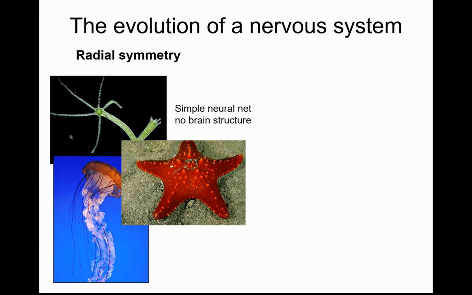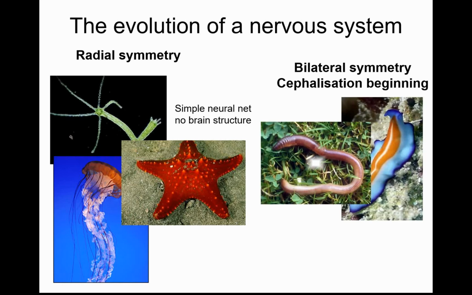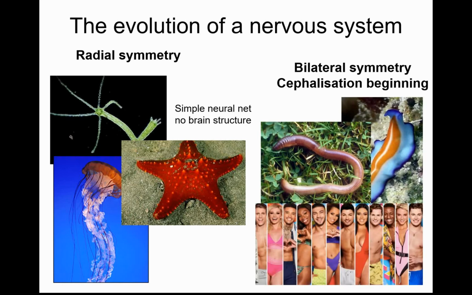Now, where you start to get the formation of a head, and you start to get what's called bilateral symmetry, which is left-right symmetry, and cephalization, which is the formation of a head, then you start to get brain-like structures developing. Brain-like structures at the anterior end, the head end of the organism, nearest to where the organism is going to experience the environment first, tends to be where the brain is.